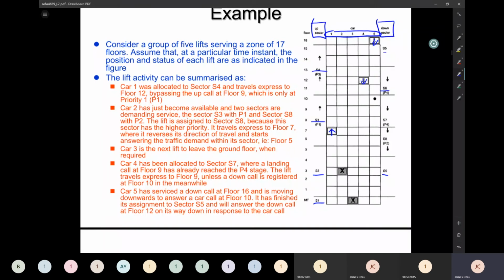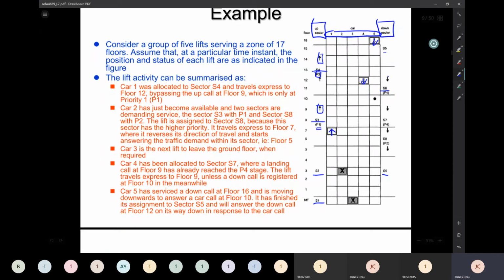You can see that the system receives some up calls. One is on floor 4 in sector 3 with priority 1, and the up call on floor 14 is in sector 4, with priority 3. Now in the down sector, it is similar.